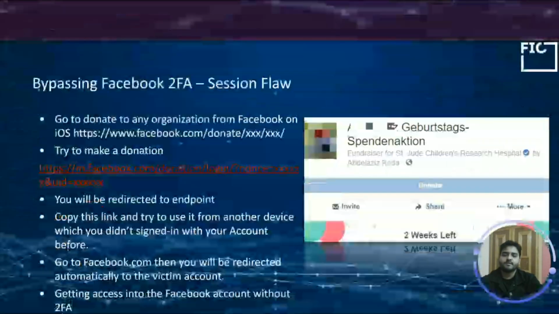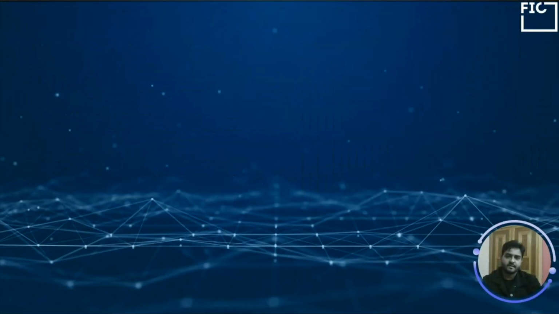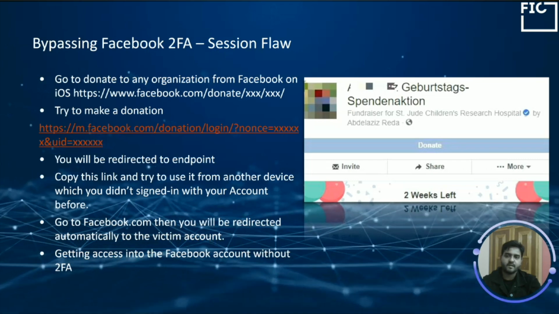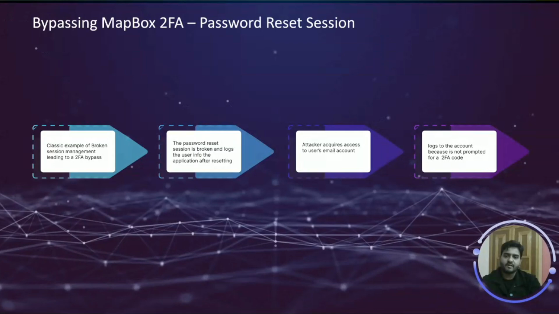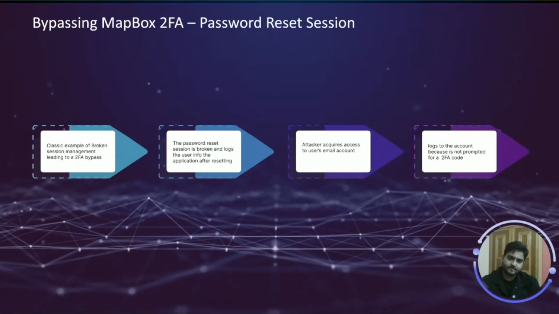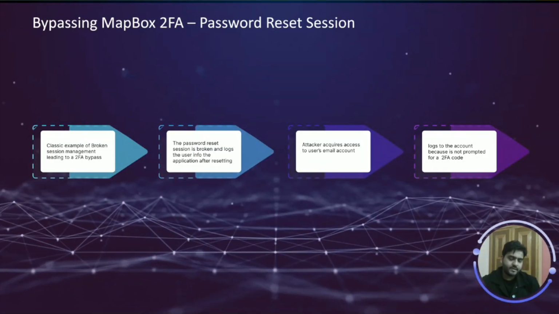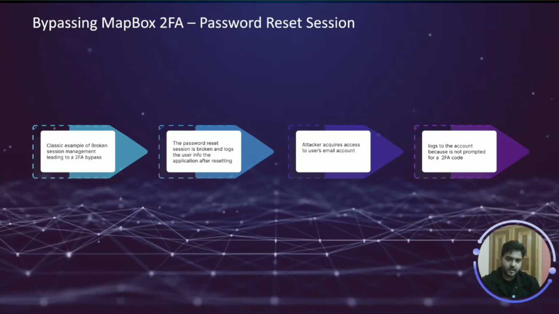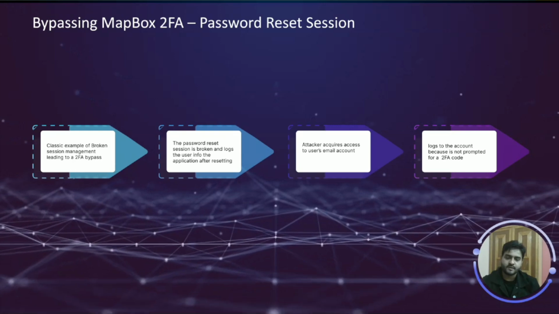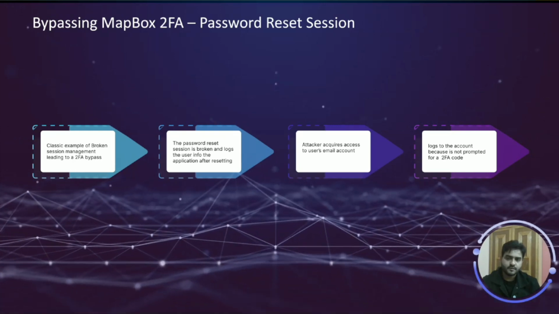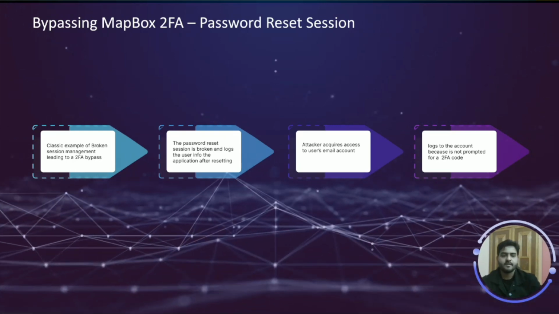As we talked about in Facebook, this was a very widely accepted broken session management flaw, and we talked about Mapbox here: if a user reset another user's password or somehow got access to the password reset link, they would log into the user account even if the 2FA code was implemented.